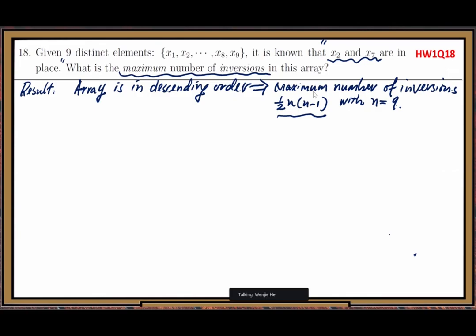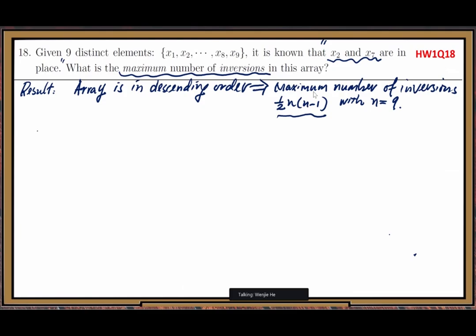But next we need to consider x2, x7 in place. So we really need to dig into the details. What's the role played by these two in-place elements?